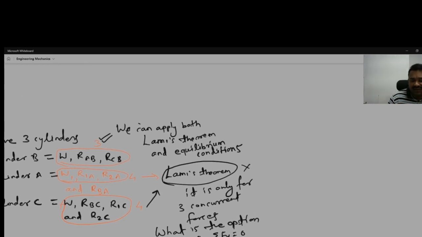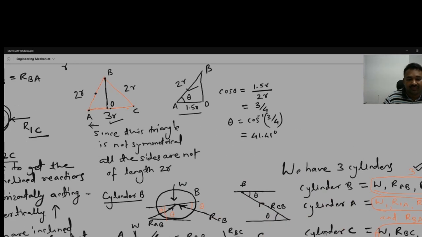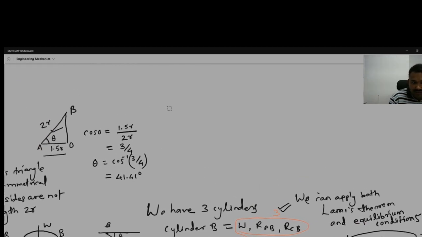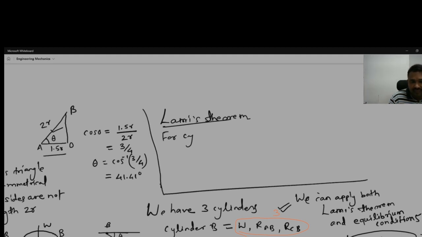And what is Lami's theorem actually? Suppose we apply Lami's theorem for cylinder B. See how it is loaded with the forces, means reactive forces and the weight.